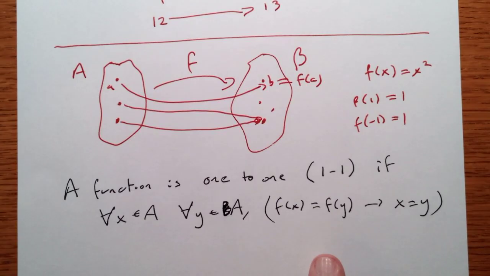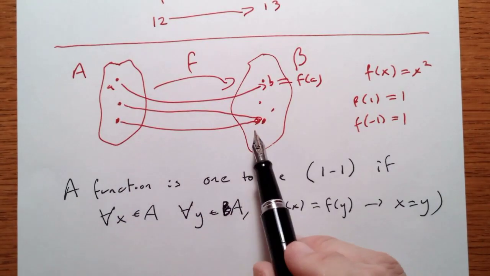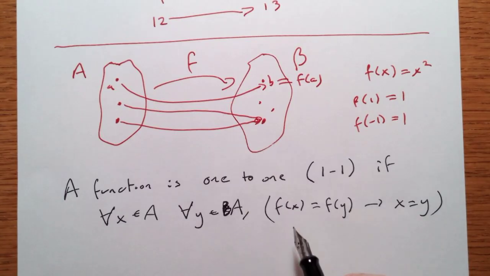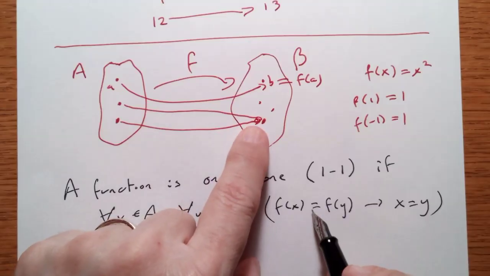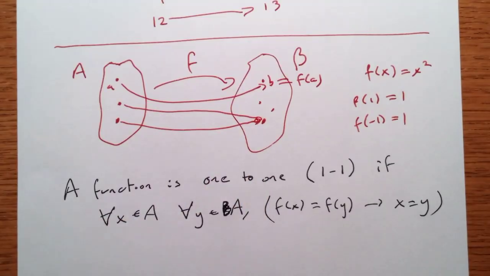What? Oh, well, fortunately for us, that's actually saying this is not allowed. If you have two things that end up on the same dot, if the output is the same, then the inputs must have been the same.